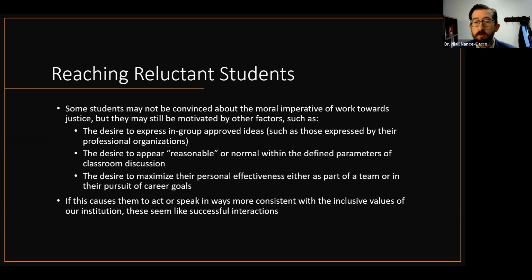The desire to appear reasonable or within the bounds of normally defined parameters of classroom discussion. So if we've already said this is the range of acceptable things to talk about for a classroom discussion, that's less of an opportunity for the student to be like, you know, I was reading this thing on InfoWars, because that's the sort of thing you want to avoid. And then the desire to maximize personal effectiveness as part of a team or pursuit of career goals.